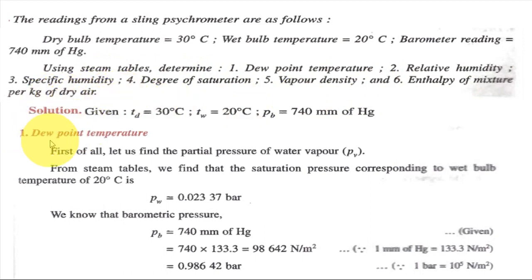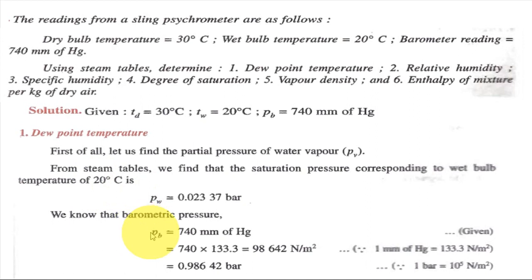First of all, let us calculate the partial pressure of water vapor. Before that, I write the saturation pressure Pw corresponding to the wet bulb temperature of 20 degrees Celsius. From the steam table at 20 degrees Celsius, the pressure is 0.02337 bar. So Pw is the saturation pressure corresponding to the wet bulb temperature of 20 degrees Celsius.